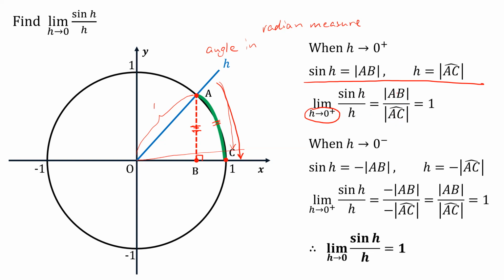So the limit of this ratio should equal 1 as h approaches 0 from the positive side. You see that? Okay, so that solves part of the question. When h approaches 0 from the positive side, this limit equals 1, right?